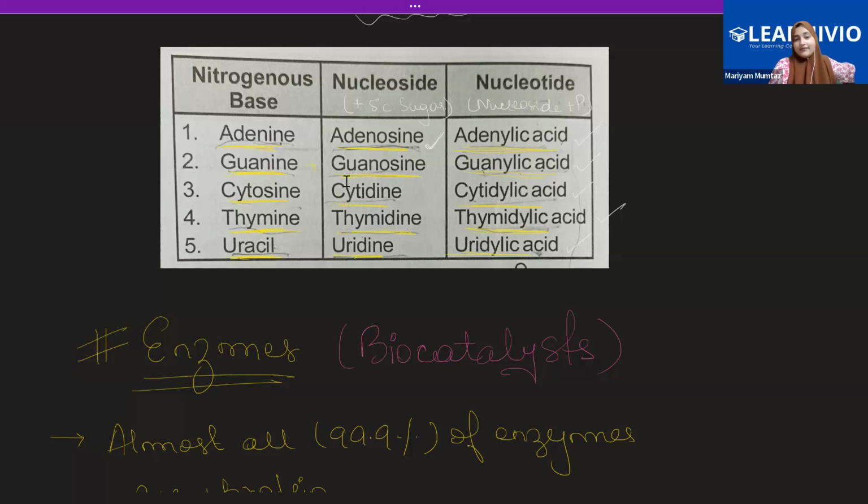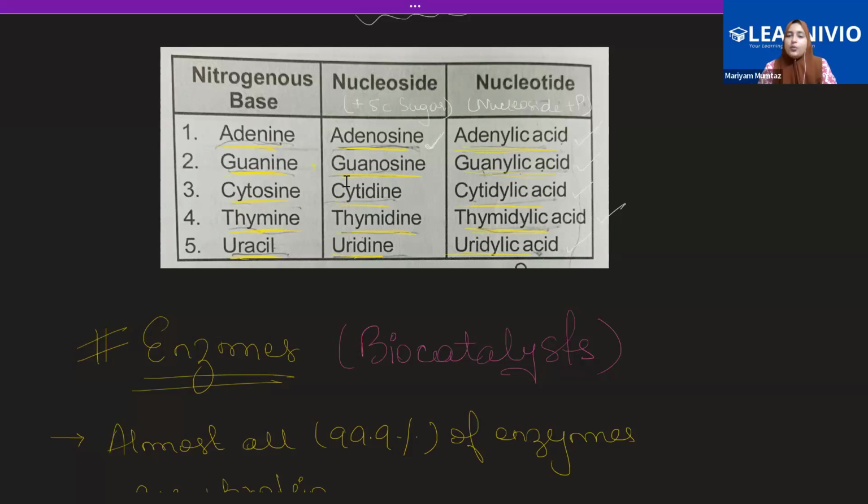Then we have thymine, which as a nucleoside will be called thymidine, and as a nucleotide will be called thymidylic acid. Dear students? Yes, ma'am. Lastly, uracil, which is only found in the RNA. As a nucleoside it will be called uridine, and as a nucleotide it will be called uridylic acid.